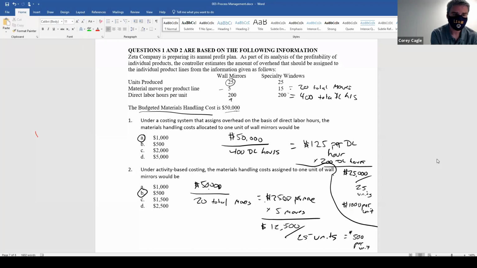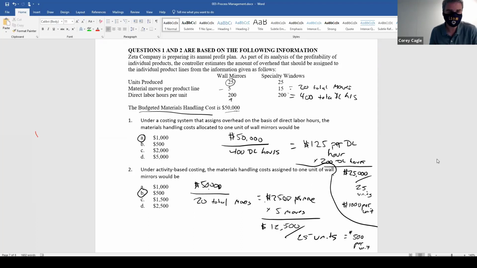And whatever overhead costs are driven by labor hours would be kind of split in half in those two. But the point with activity-based is somebody identified this cost pool dealing with materials handling. So let's use a different driver for that and allocate that 50,000 of whatever the total is based on material moves.